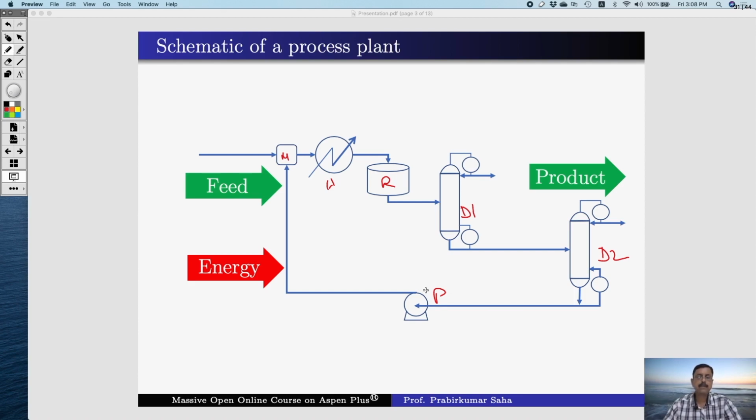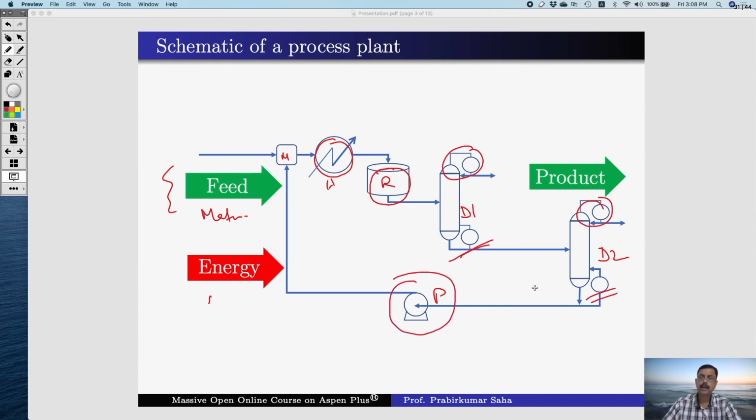Now, what happens in this unit of the process plant? We give feed. Feed means the material feed. The feed is heated up before it goes to the reactor and the reaction happens. The reactor content is then distilled. That is the material feed. And also we have energy feed, because we have to operate the heater, the condensers and the reboilers of the distillation column, and the pump. We need electrical energy.